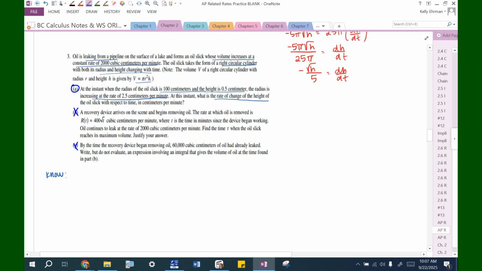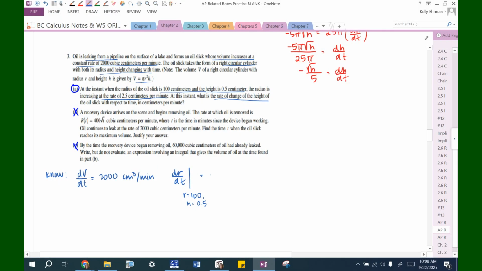What do we know? Let's go back up here. Volume is increasing, so at a rate. So dV/dt is equal to positive 2,000 cubic centimeters per minute. I know that. I also know dr/dt when r equals 100 and h equals 0.5.